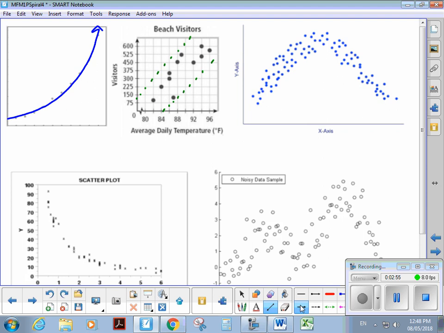You just have to be aware and be thinking line or curve. So that's going to be a positive, weak correlation. Don't get in the mindset that it's always going to be a curve or always going to be a line.